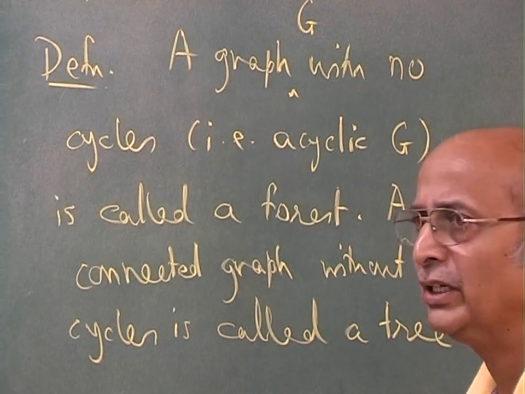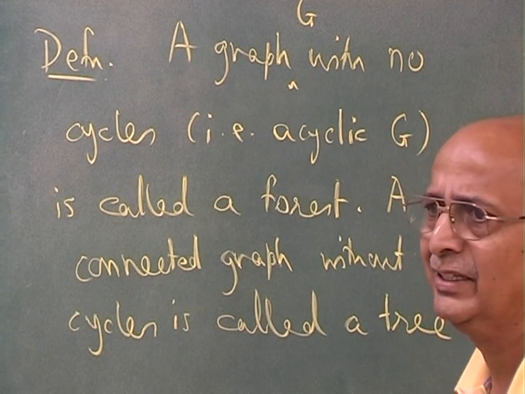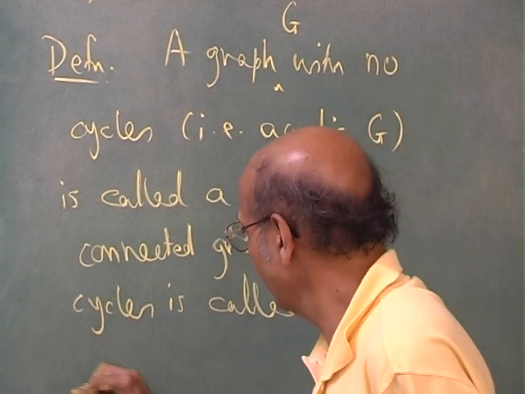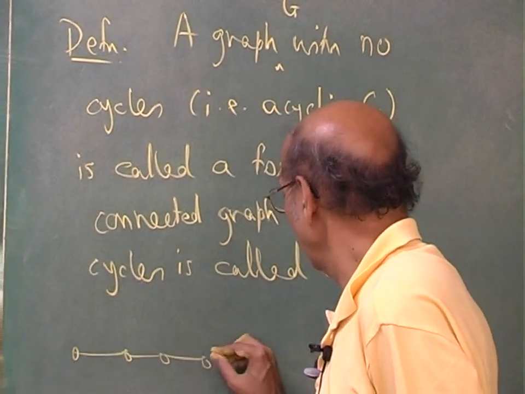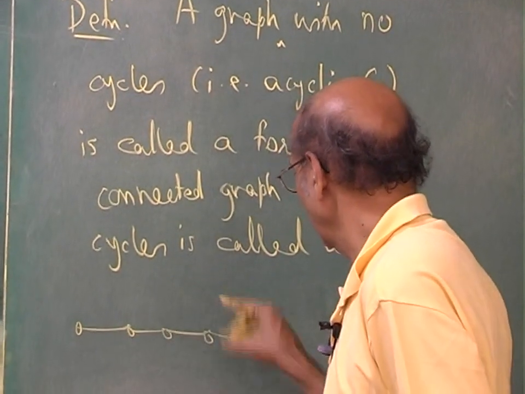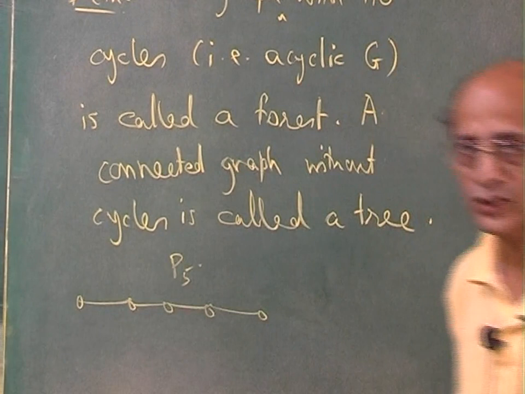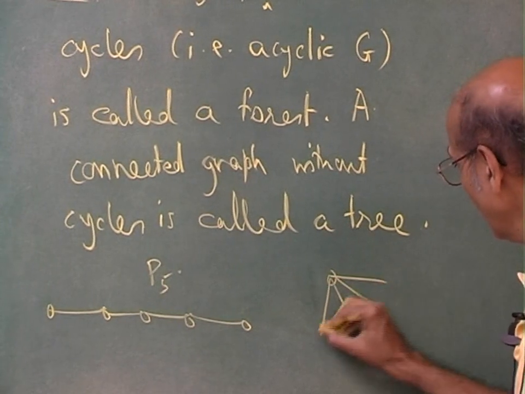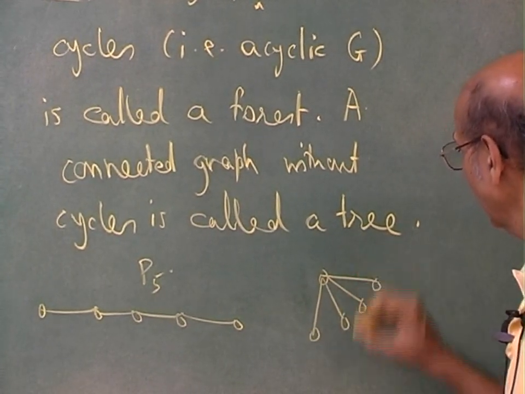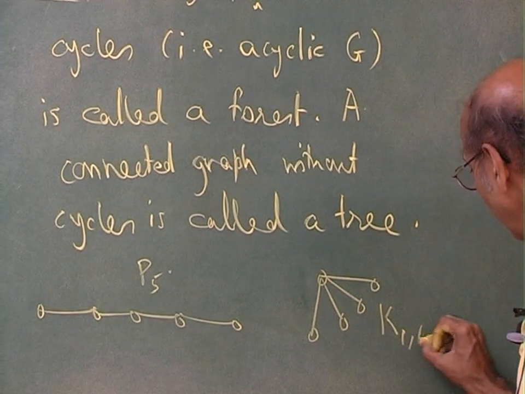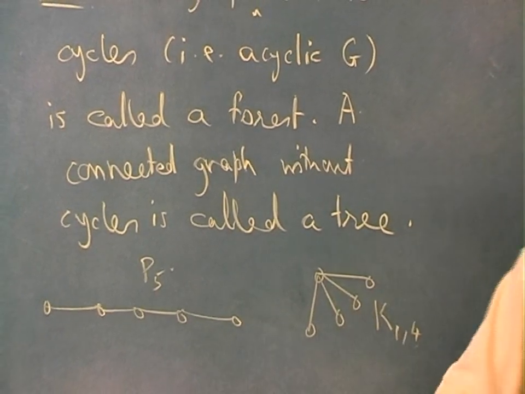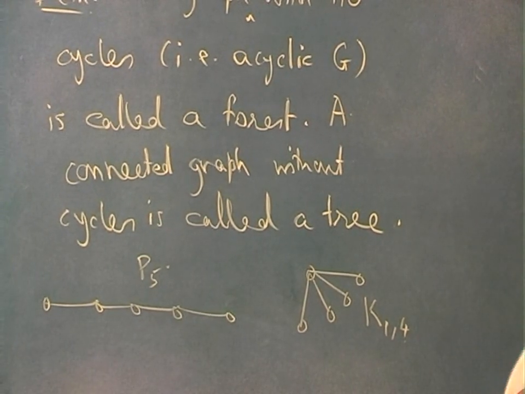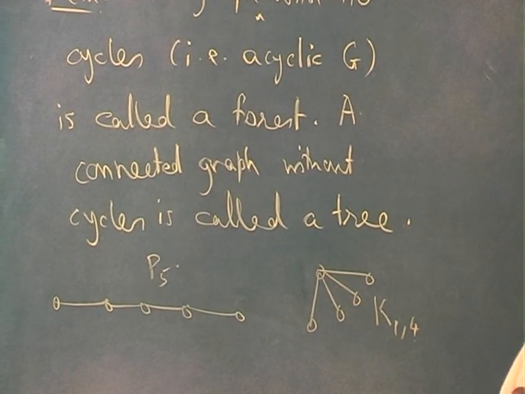We have already encountered examples of trees. Every path is a tree. Path with n vertices, that is a tree. Any other? It's what we call a star. That is a tree. A connected graph with no cycles is a tree.